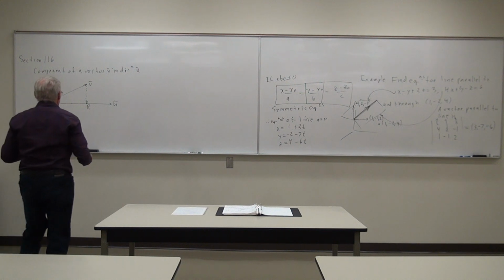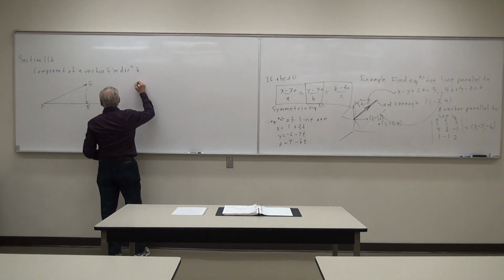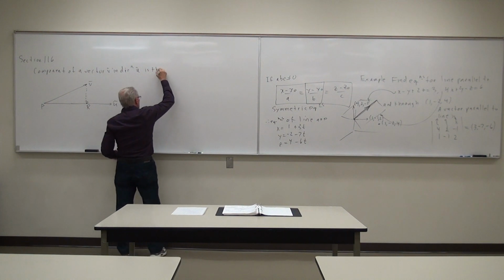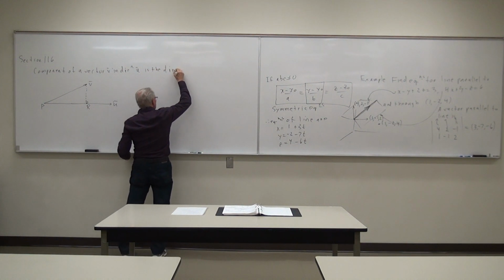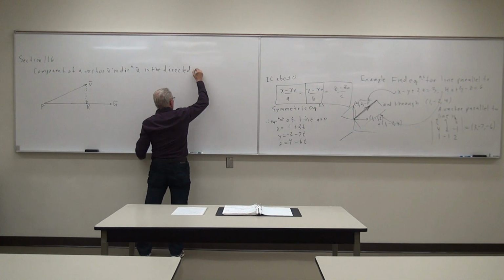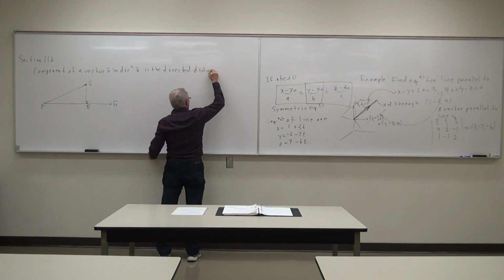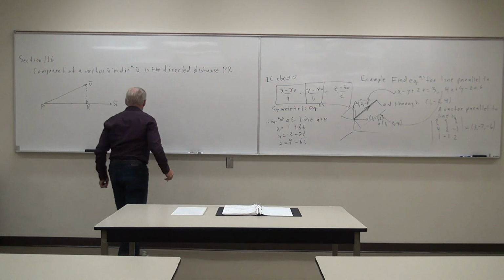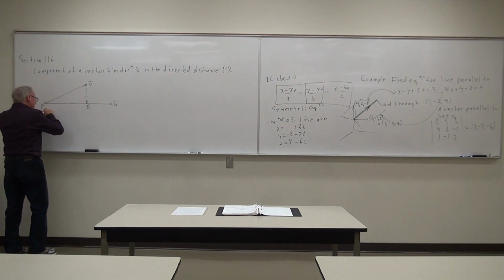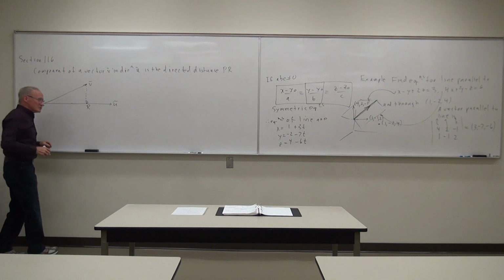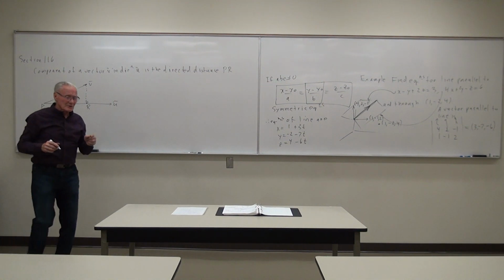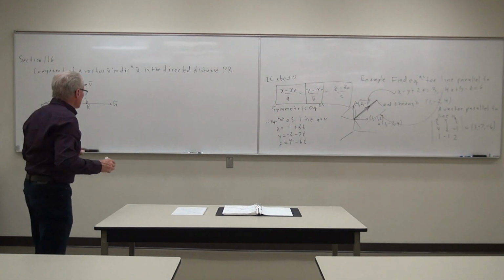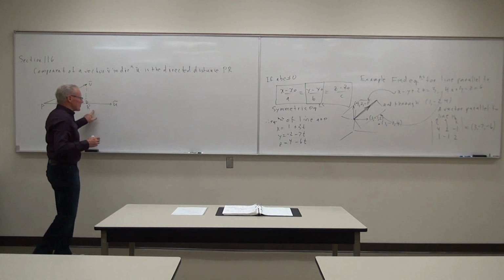We define the component of v in direction u as the directed distance PR in that diagram. So it's the directed distance from here to here. Once you put in the word directed, you're saying that it could be positive and it could be negative. And here, in this one, it is positive.